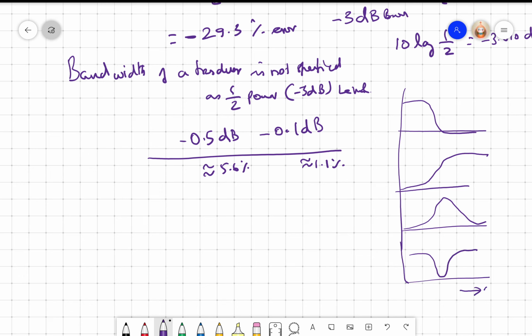This is frequency, this is amplitude, right? So this is the low pass filter characteristic, this is the high pass filter characteristic, this is the band pass filter characteristic, this is the notch filter or band reject filter, right?